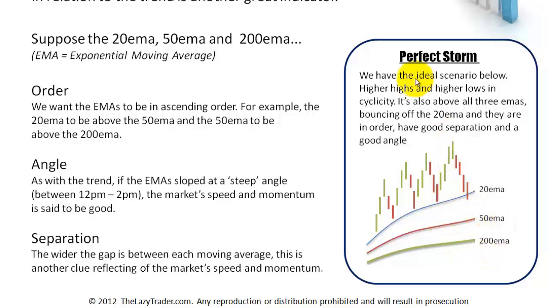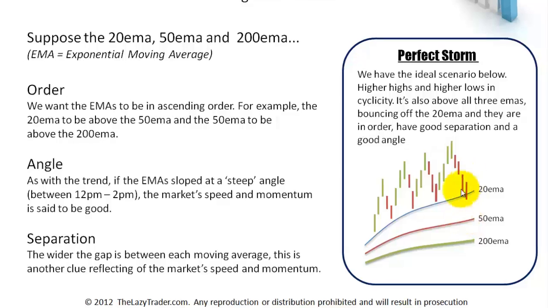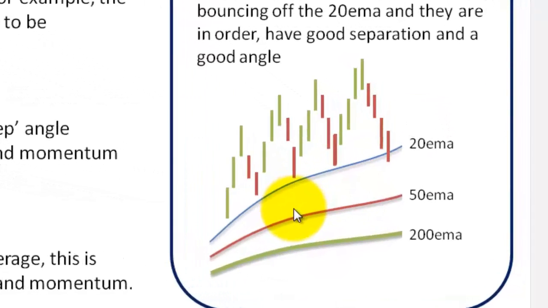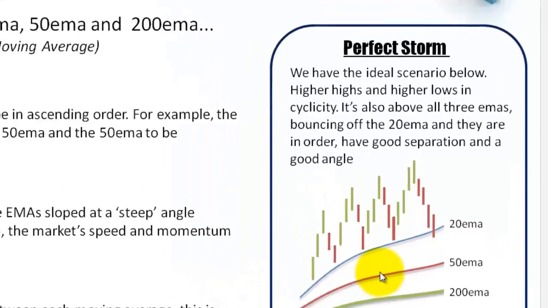The angle, just like we mentioned, we want the most recent EMA, like for example the EMA that price action might be interacting with, in this instance the 20 moving average, to be angled as steeply as possible, preferably between 12 and 2 p.m. 2 and 3 is okay, but it's a sign that there's less speed and momentum in the market. And if it's just flat, facing 3 p.m., then we might as well not bother. And we'll show you some examples of flat EMAs in a short while.